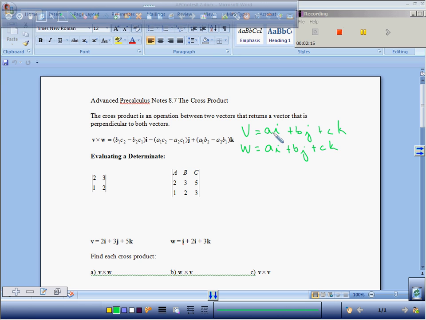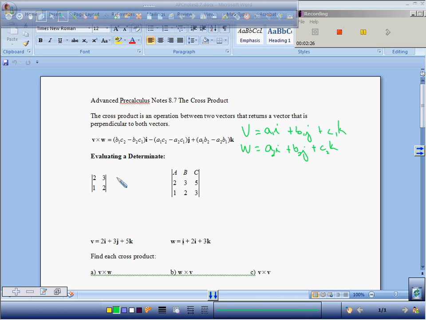Then to find the cross product, the quantity that goes in front of the I would be B1 times C2 minus B2 times C1, and then you just plug into this formula. But you could use this formula, but it's a lot easier using determinants.